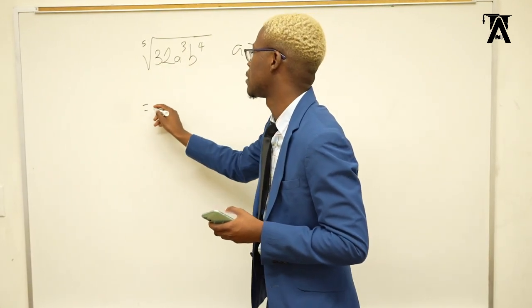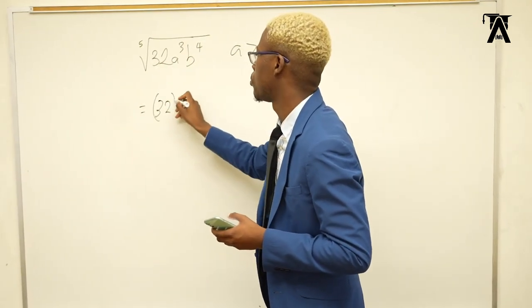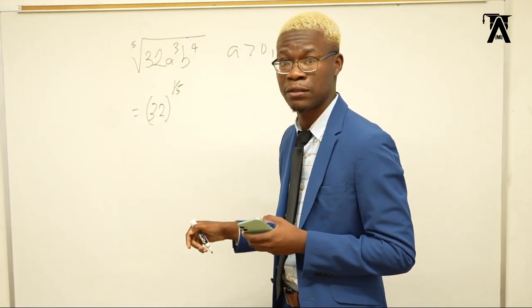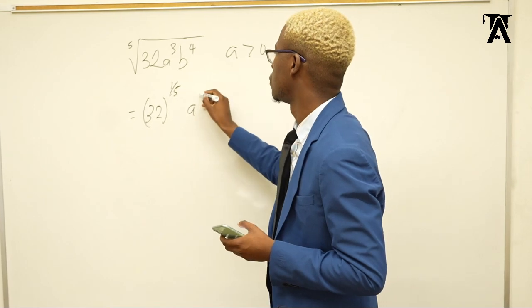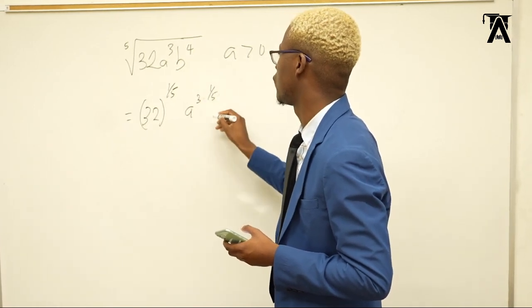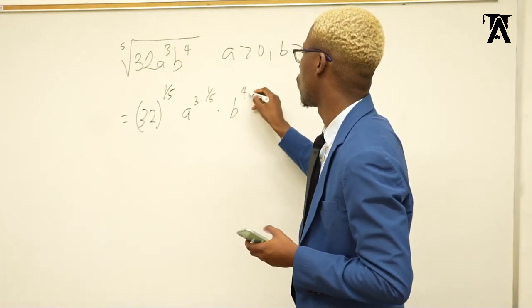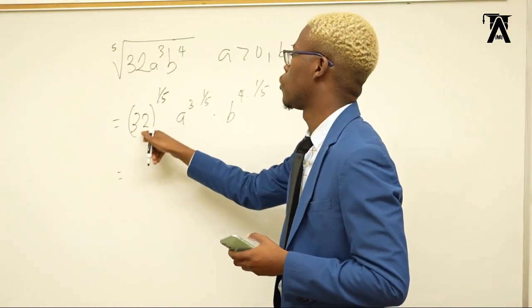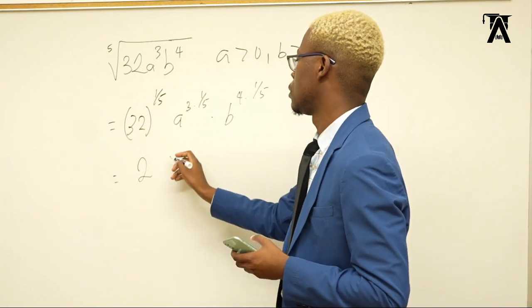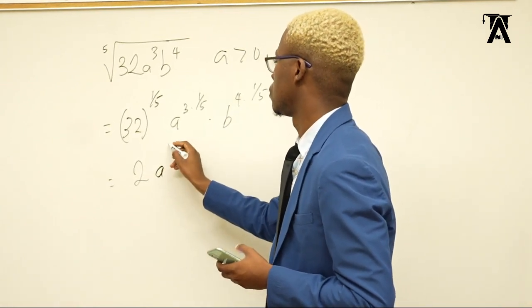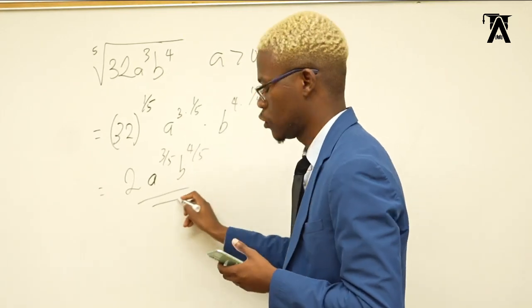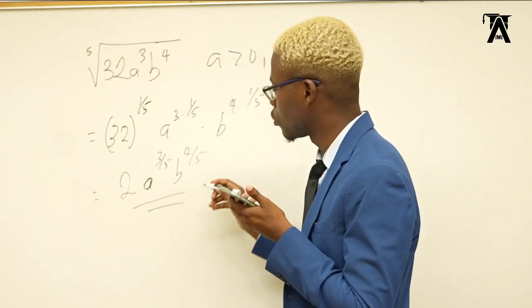So this is the same thing as 32 to the power of 1 over 5, then a to the power of 3 multiplied by 1 over 5, then b to the power of 4 multiplied by 1 over 5. The 5th root of 32 is 2. So this is 2a to the power of 3 over 5, b to the power of 4 over 5, and that's your answer, and that is option A.